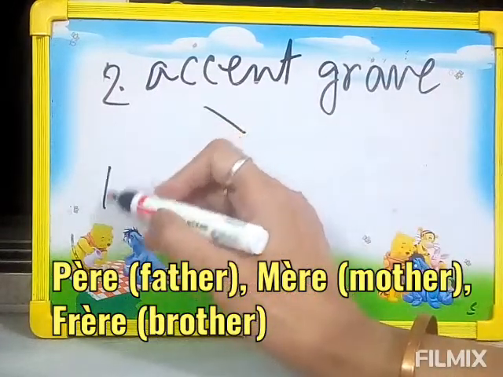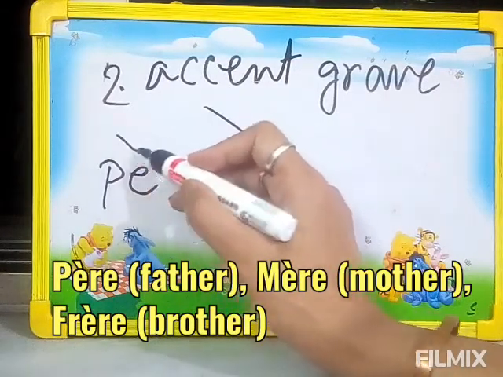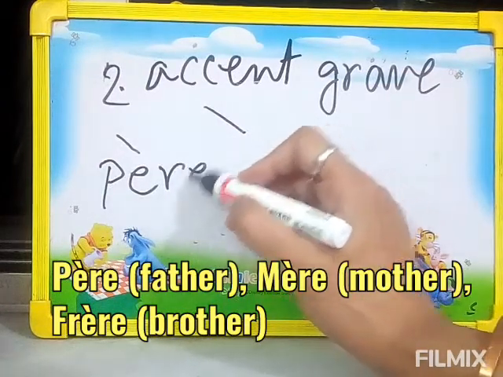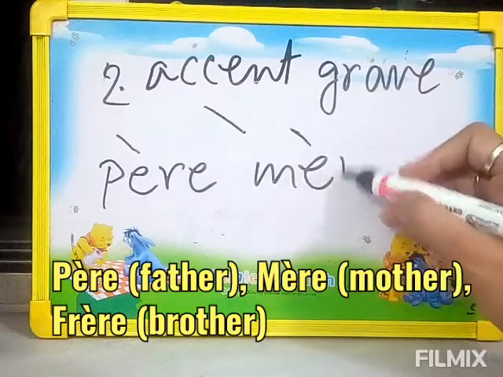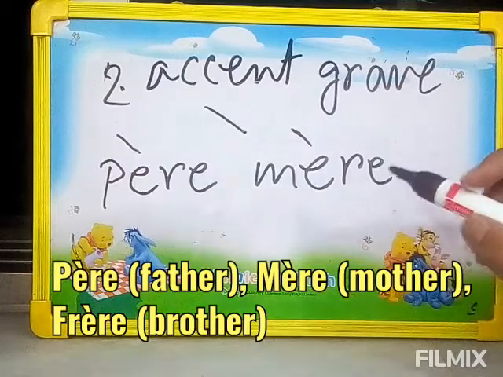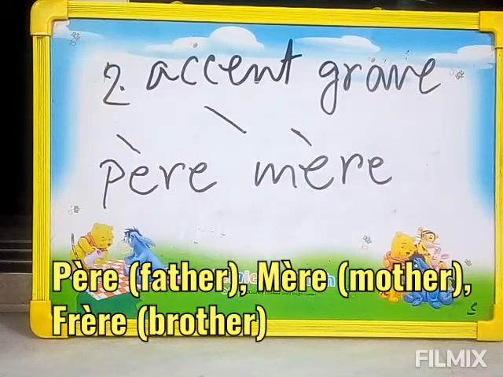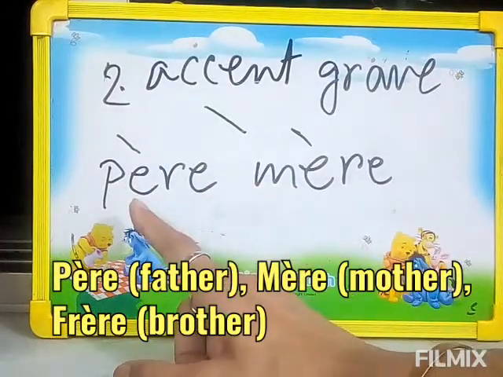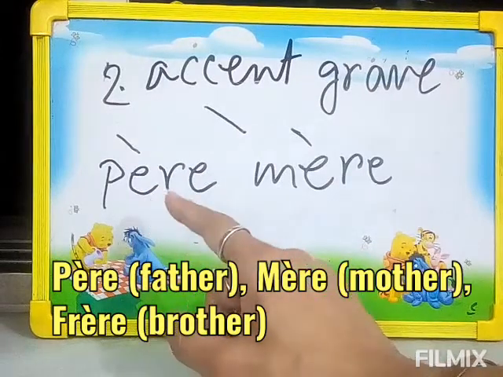For example, it is used on E. When used on E, the pronunciation of E becomes more flattened, that is like A. Père, E with accent grave: the pronunciation will be per.